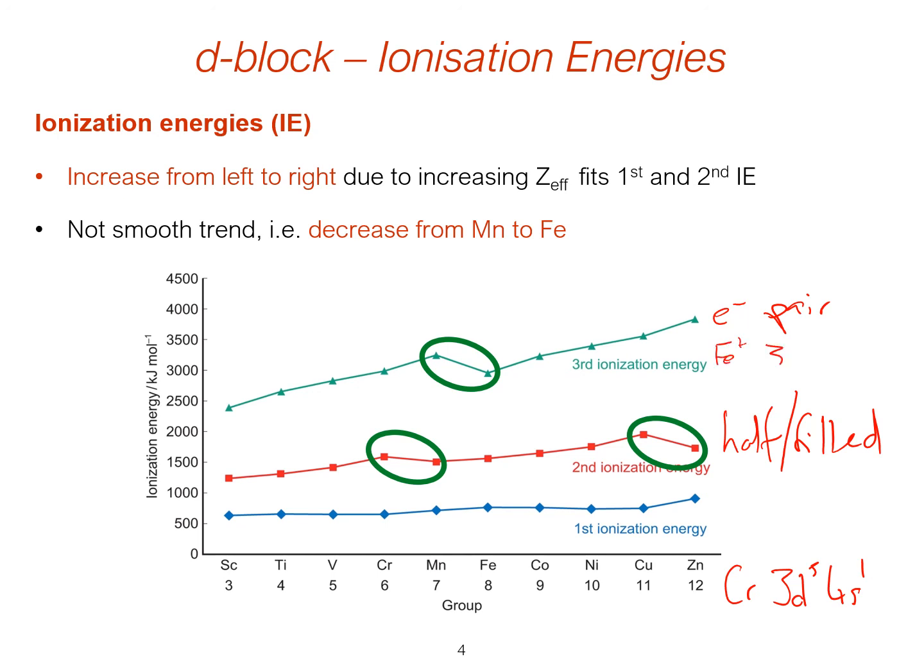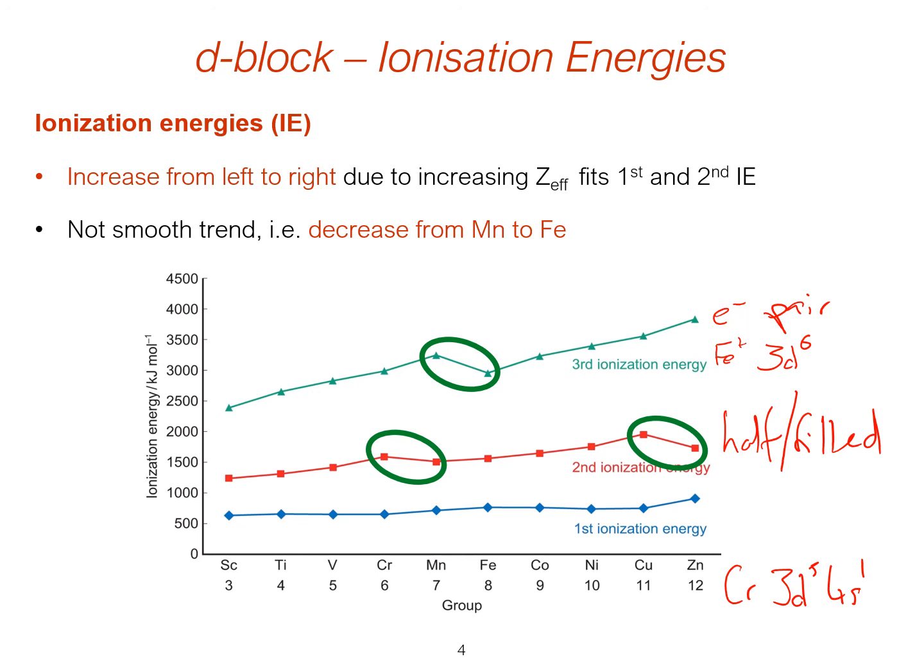This will have the electronic configuration of 3d6, and because there are only 5 d orbitals, this 6th electron, which is going to be the next one to be removed, is paired up with something. Therefore, the electron-electron repulsion from this electron pairing makes it slightly easier to remove, and that's why we've got this decrease going from manganese to iron.